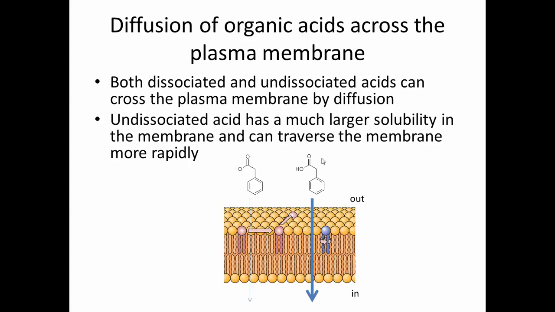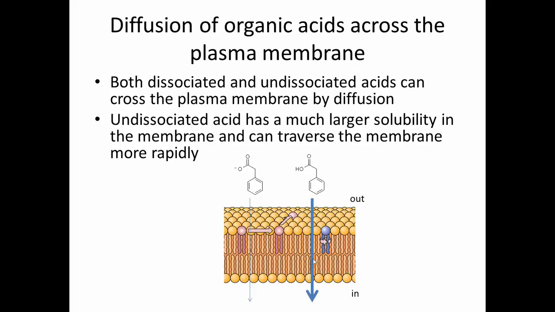So, again, we have dissociated acids, or phenylacetate, and undissociated acids, or phenylacetic acid, and we are trying to get them across the cell membrane. Now, typically there's probably not a dedicated transport protein with which to get these substances across the cell membrane. So perhaps we have to rely on diffusion through the cell membrane.